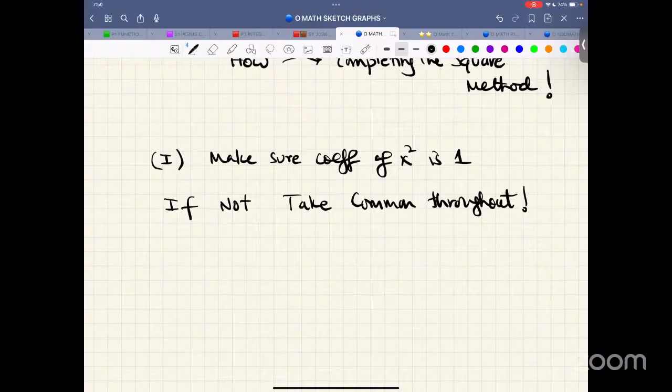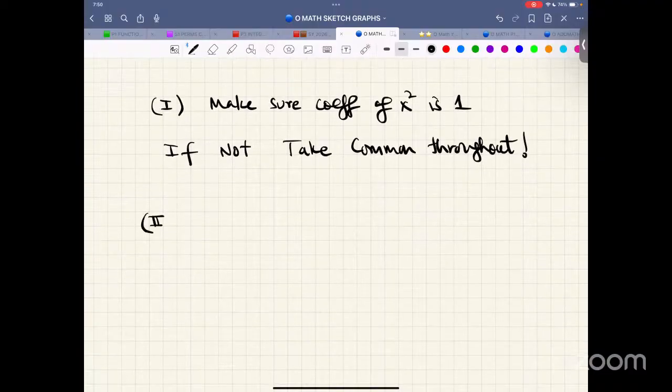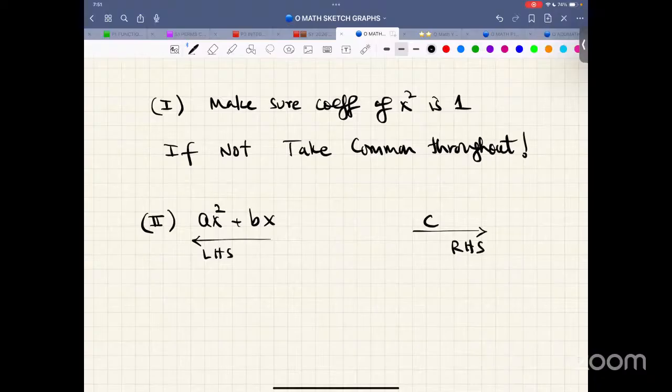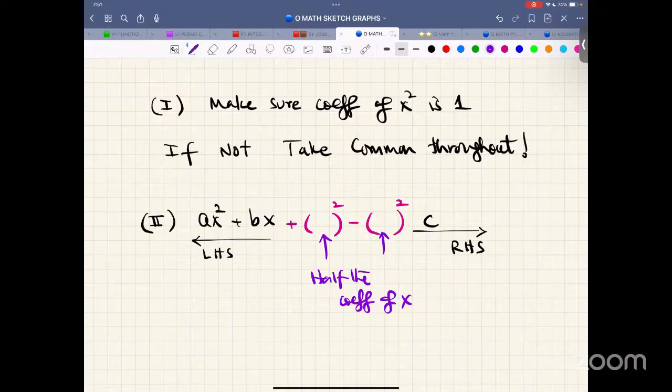The next one, that is the ax square, the bx, put it on the left-hand side. Constant, push it to the right hand side, and in between, first add, then subtract square of half the coefficient of x.